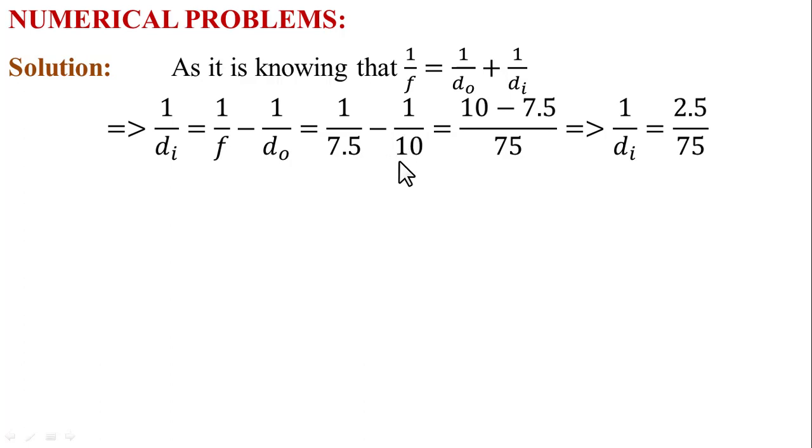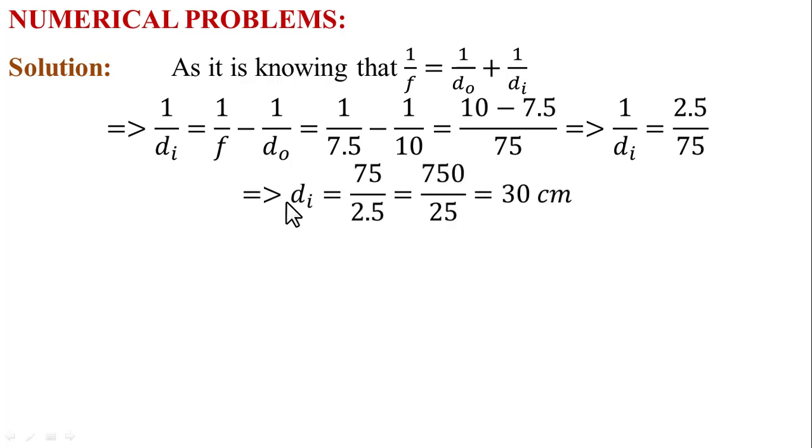Taking the LCM, that is equal to 10 minus 7.5 divided by 75. This implies that 1 upon di is equal to 2.5 divided by 75. Taking reciprocal on both sides, this implies that di is equal to 75 divided by 2.5.